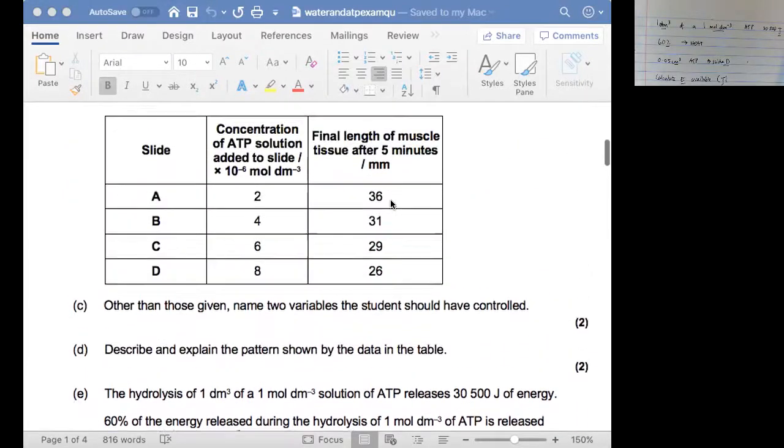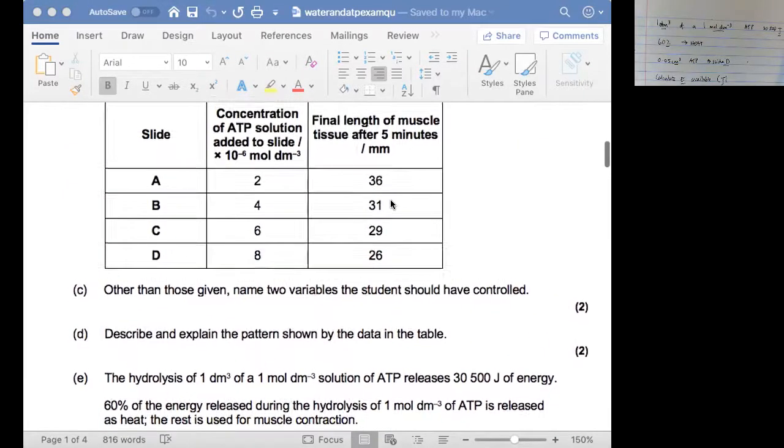Let's go to slide D in our table because we're being asked about slide D. And it says the concentration of ATP solution on slide D is 8 times 10 to the power of minus 6 moles per decimeter cubed. All right.